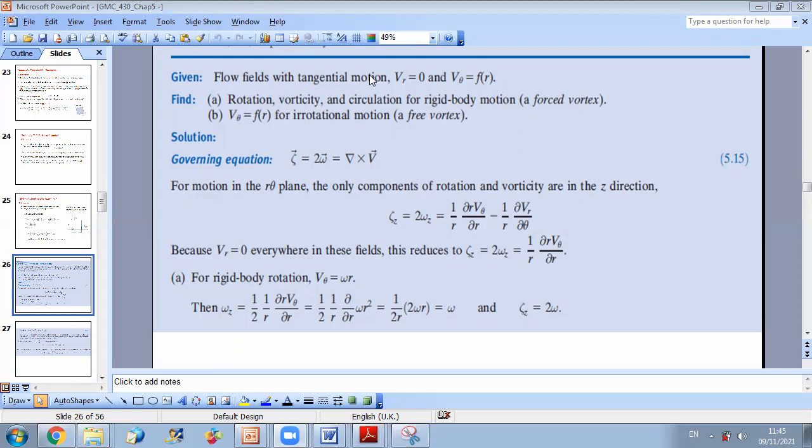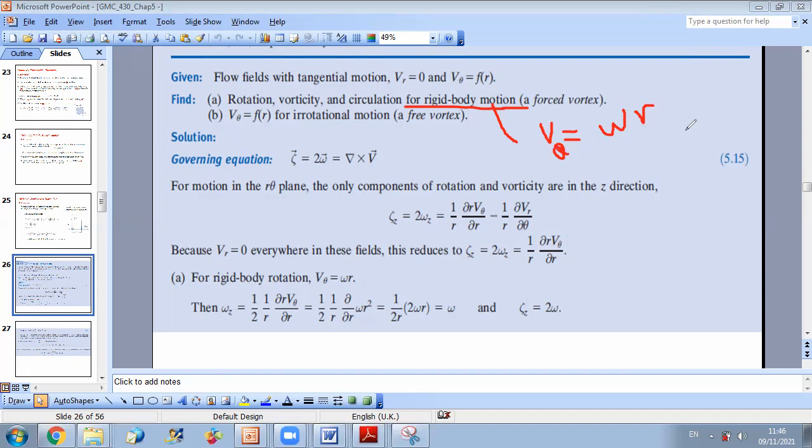So when we say rigid body motion, we can directly say that the velocity V is equal to omega times R. So in this case, the tangential velocity, which is here V theta, is equal to omega times R.